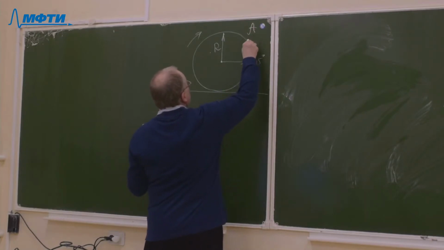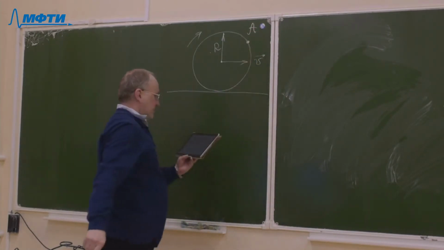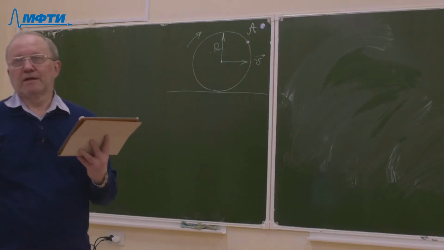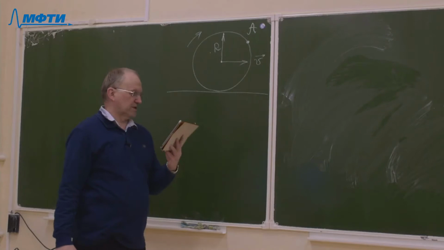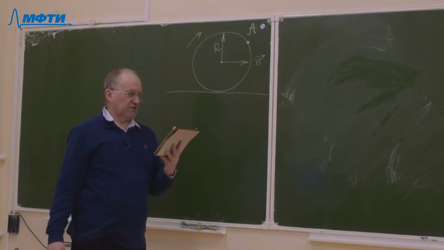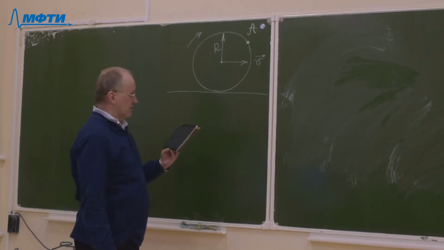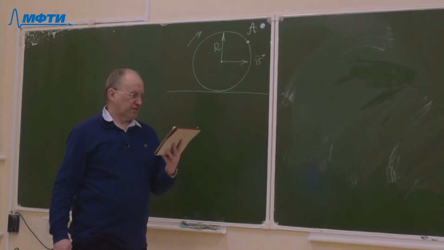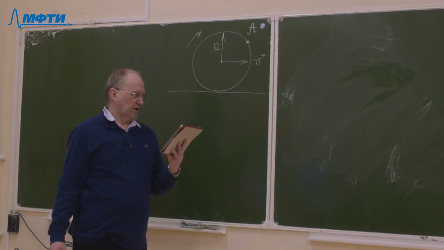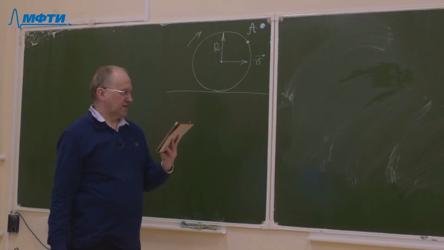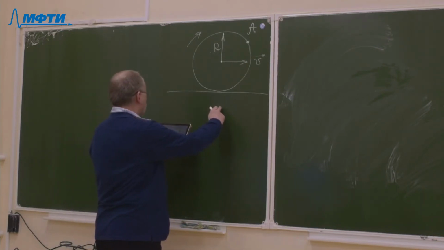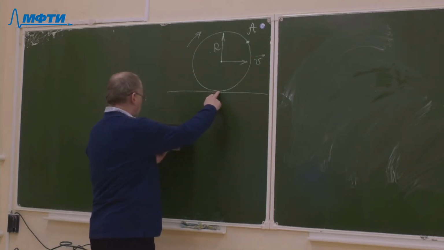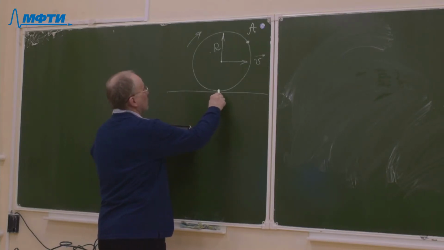There is some point A on the rim of this wheel, and we have to find the modulus and the direction of the acceleration vector of this point. And we have to find the total distance s covered by the point A between two successive moments when point A touches the surface, when point A is here.